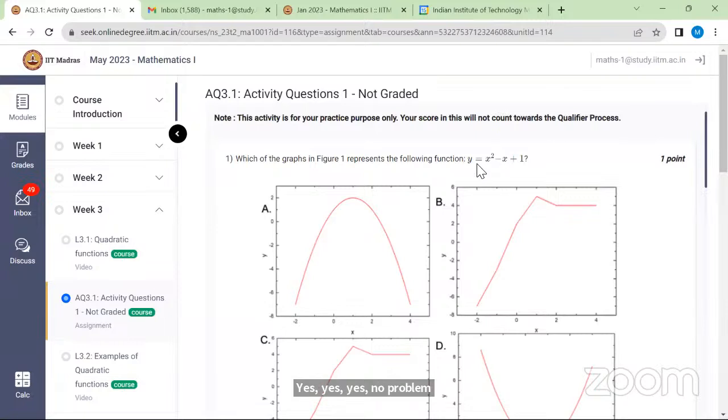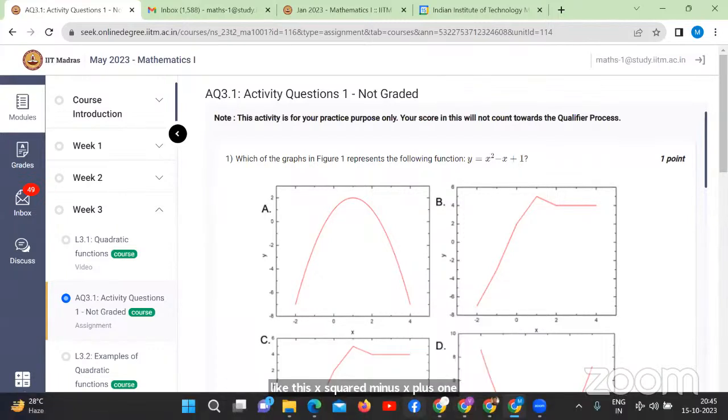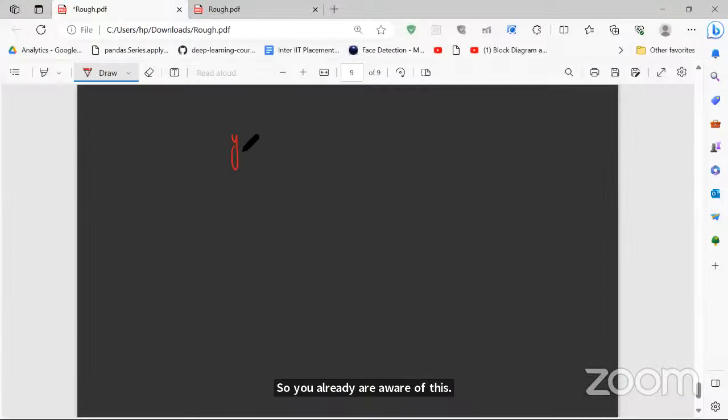So if you have a quadratic equation, something like this, x square minus x plus 1. So you already are aware of this fact, right? What is the standard form of the equation? ax square plus bx plus c. And if you want the quadratic equation that should go upward, what should the value of a be?